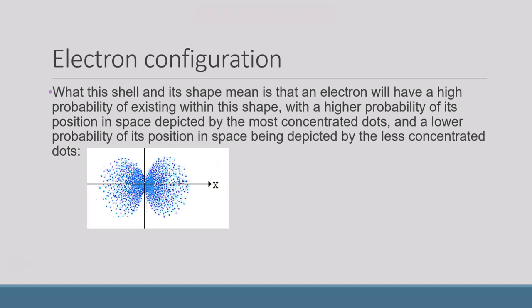So again, let's look at the shape of a P shell. Similar to an S shell, it's just an area where there's a high probability of finding an electron, with the more concentrated dots being a higher probability area of finding an electron relative to areas of less concentrated dots.